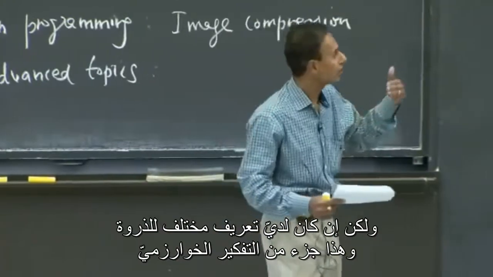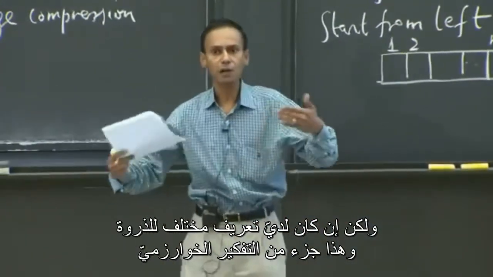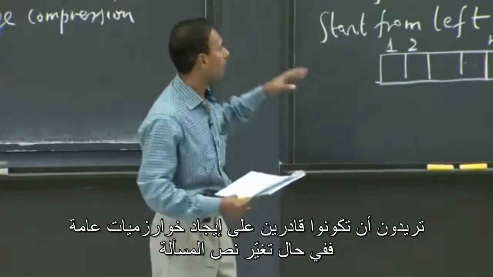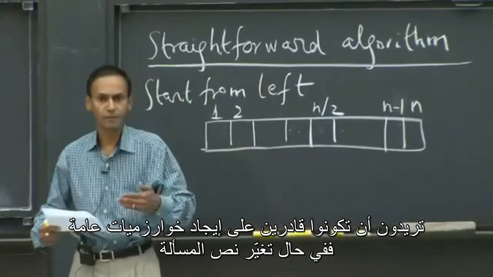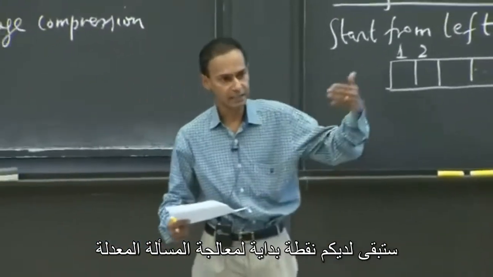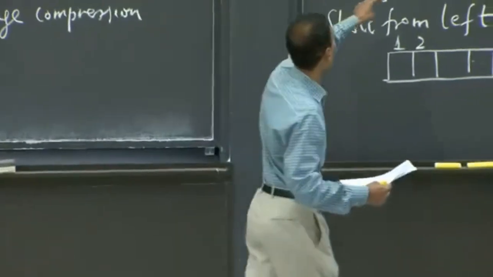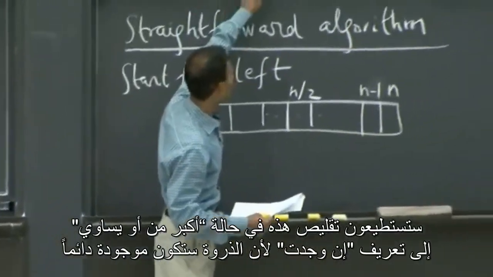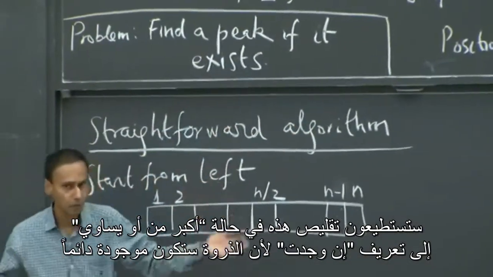You would want to modify this problem statement to find a peak. But if I had a different definition of a peak, and this is part of algorithmic thinking, you want to be able to create algorithms that are general. So if the problem definition changes on you, you still have a starting point to go attack the second version of the problem. Okay? So you could eliminate the if it exists in the case of the greater than or equal to definition, because the peak will always exist.